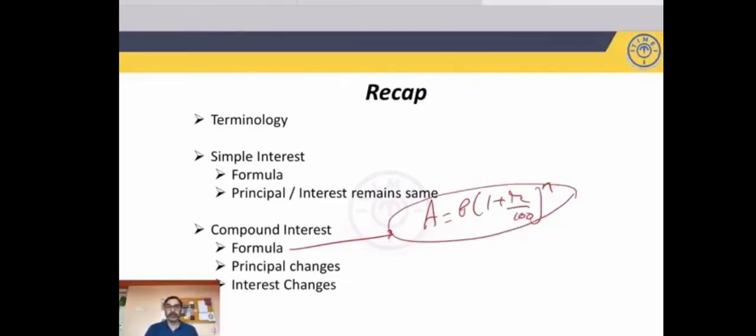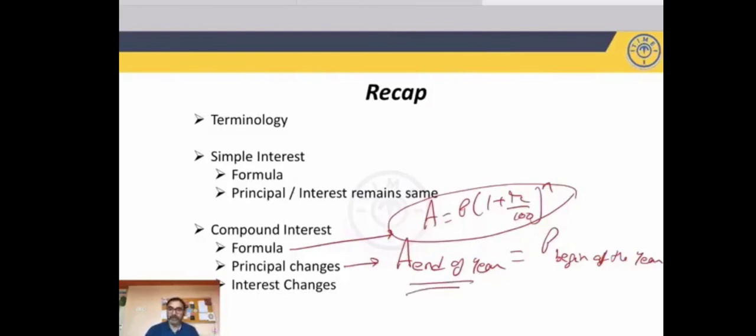What is the compound interest concept? Amount at the end of one year will become the principal for the next year. Okay, so what does it mean? The principal keeps changing. How does it change? Amount at the end of the year will become the principal for the beginning of the next year.